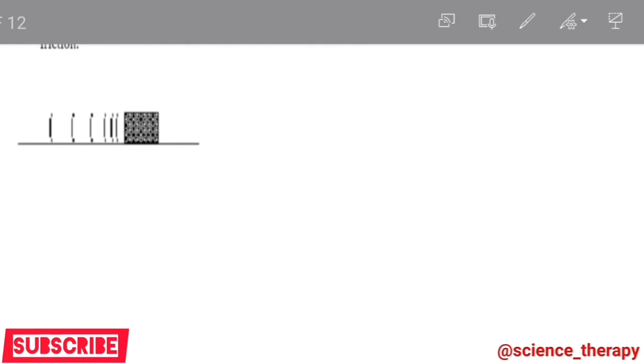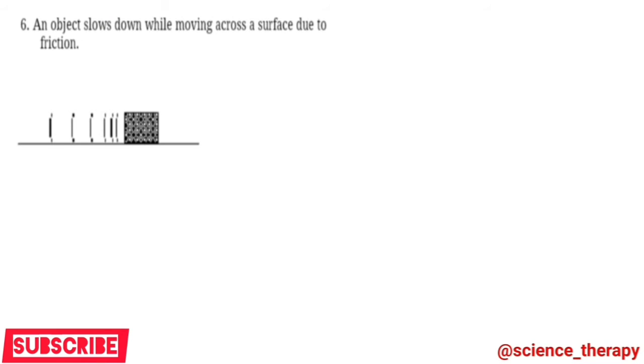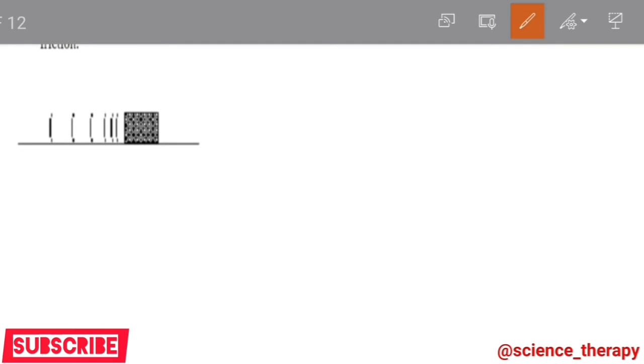Number 6, it says an object slows down while moving across a surface due to friction. So as this object is moving to the right, it is slowing down due to the friction because of that rough surface there. So what are the forces that we have here?